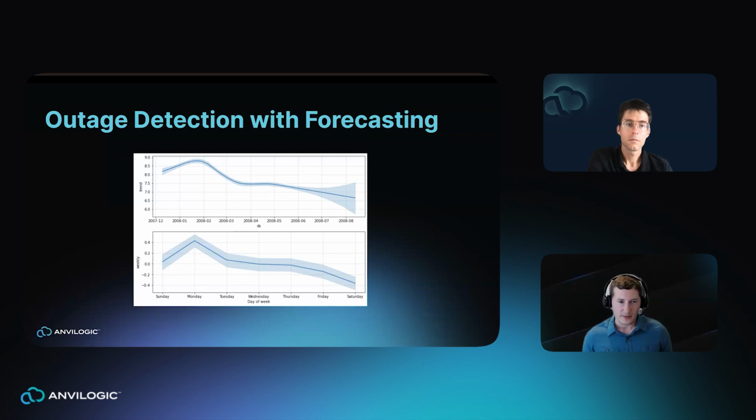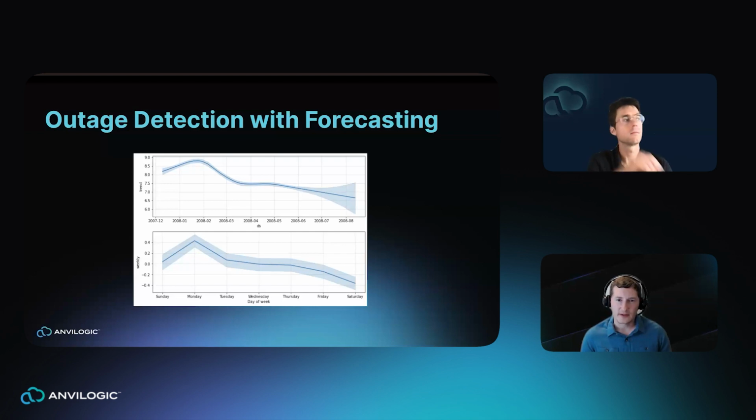So in this example, we have an uptick on a Monday, and then on a Saturday, that's our lowest time of the week. That's an example of weekly seasonality, where the day of the week has an influence on what we should expect the value that we're trying to predict to be.